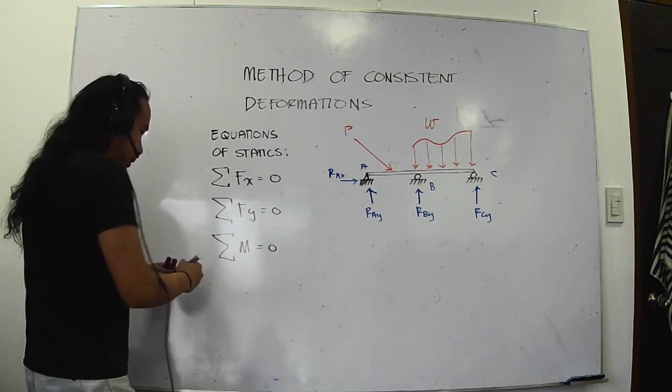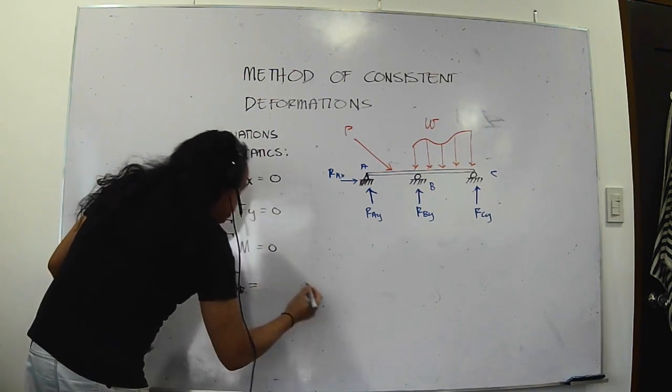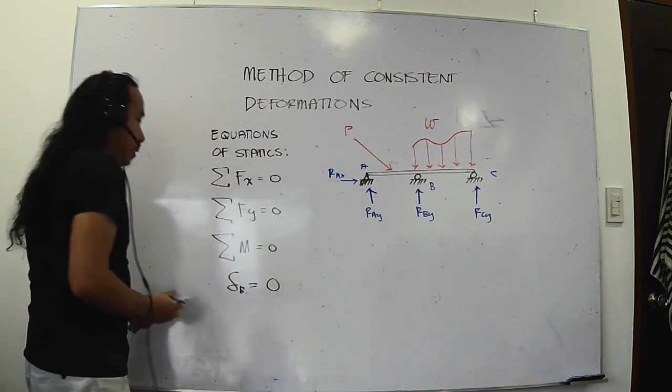So the deflection at B or C, whichever we pick, is 0.